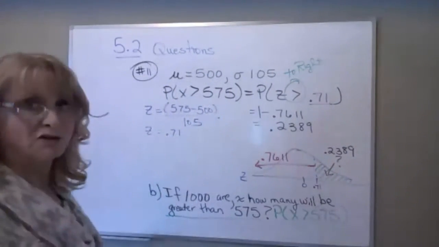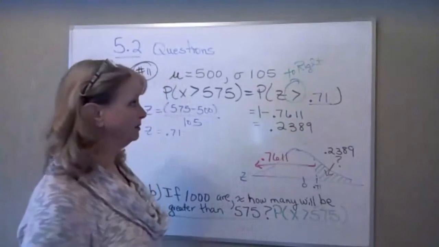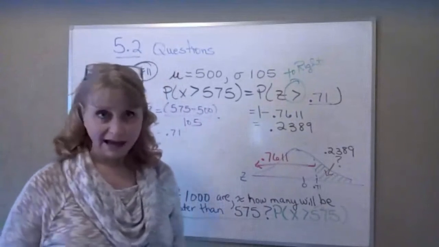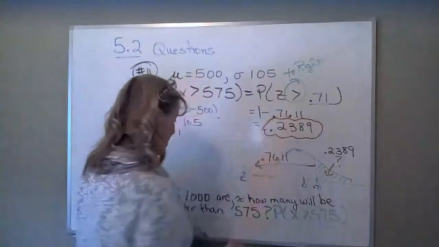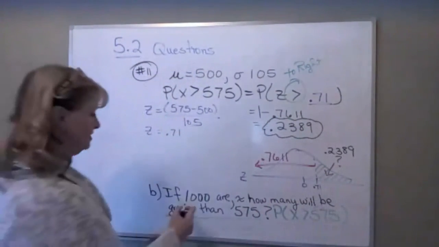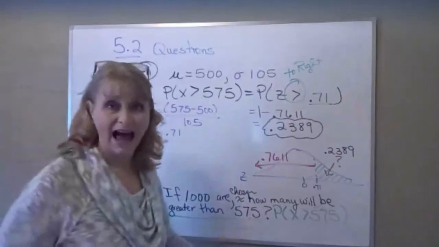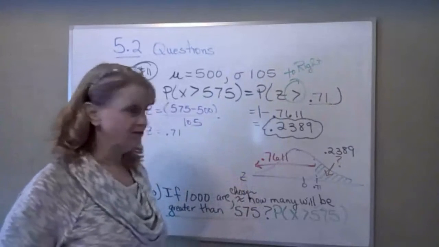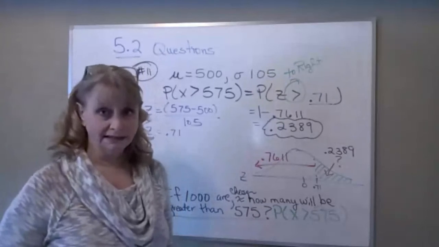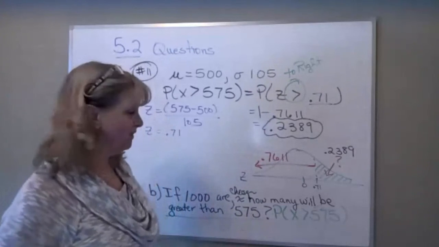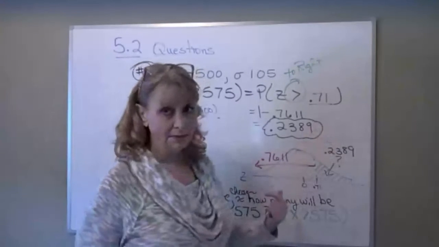Now, the question did not say what's the probability that a randomly selected score would be greater than 575. If that had been the question, this would be the answer. But that wasn't the question. I want you to look back at the question. The question says, if 1,000 are randomly selected, about how many, it means how many out of the 1,000 will be greater than 575. Well, what we just found was the probability of a single randomly selected score being greater than 575. So think of it as a percent, like 23.89%.